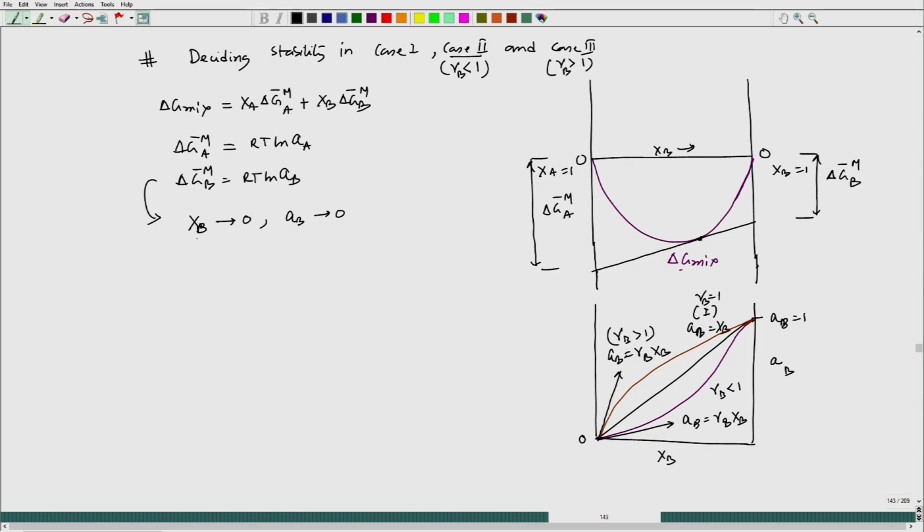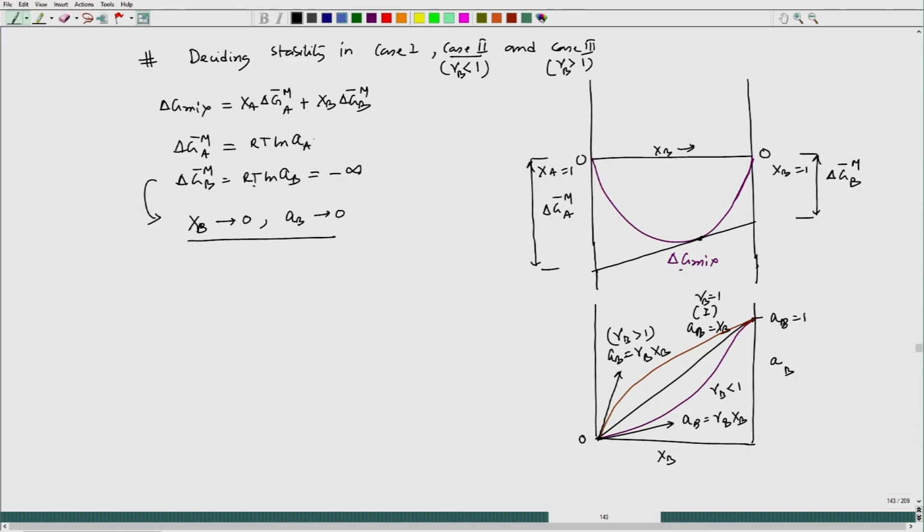So, if this is the situation, then R is a gas constant, T is some finite temperature other than 0 Kelvin. So, this becomes minus infinity. Okay. So, what does it mean?